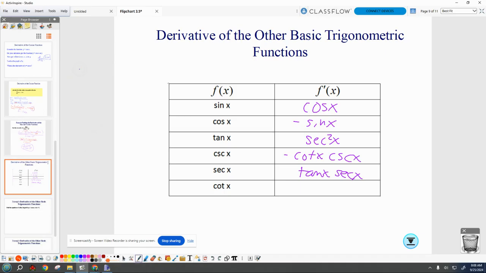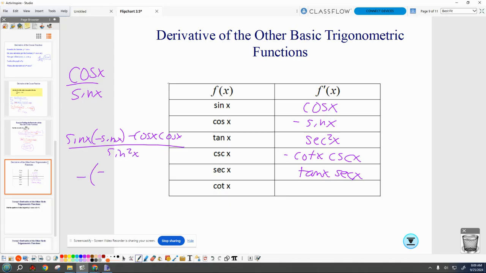Cotangent is cosine over sine. Okay, bottom times the derivative of the top minus the top times the derivative of the bottom over the bottom squared.